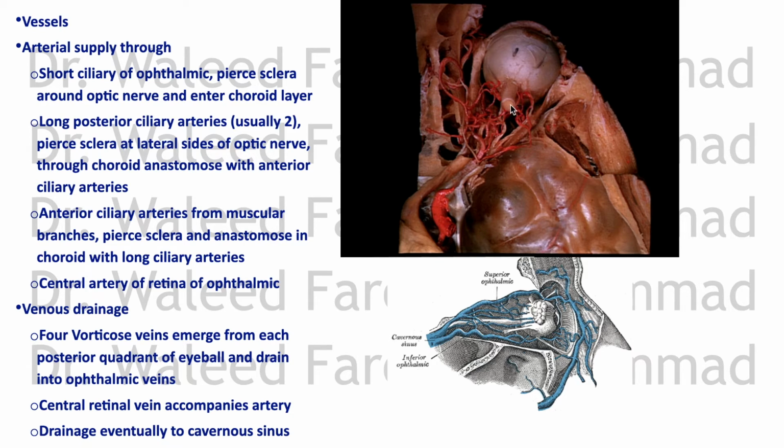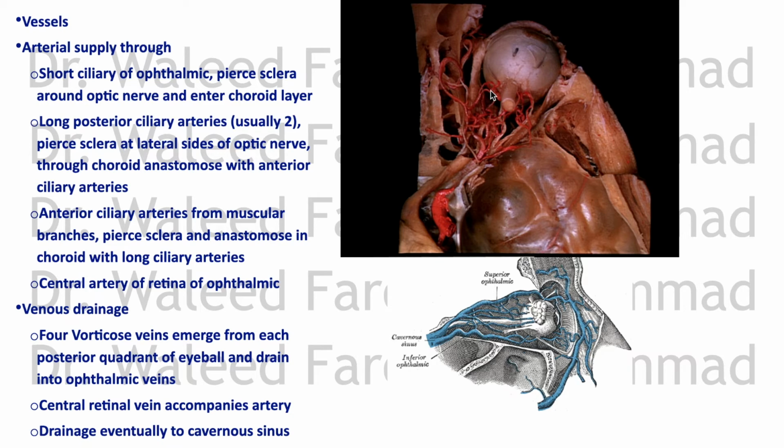While remember, the supply for the retina came from the central artery of the retina, from the ophthalmic artery, which pierced the optic nerve and went with it to the inside and branched, and we will see an ophthalmoscope picture of that. Okay, there are a series of arteries called the anterior ciliary arteries, which are branches from the muscular branches of the ophthalmic artery.